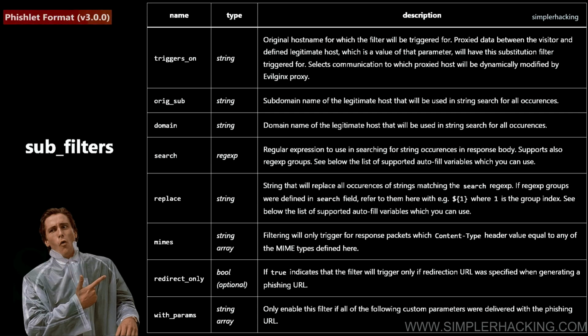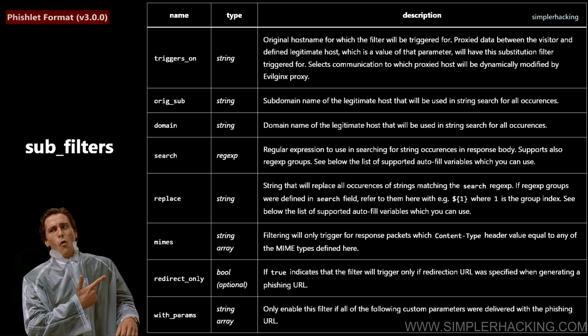Org sub identifies the legitimate subdomain being proxied. It is used to locate strings within the HTML or JavaScript responses of the original website. For example, if you're targeting accounts.google.com, this parameter should be set to that specific subdomain. This ensures that every occurrence of the legitimate subdomain is found and can be replaced by the phishing subdomain.